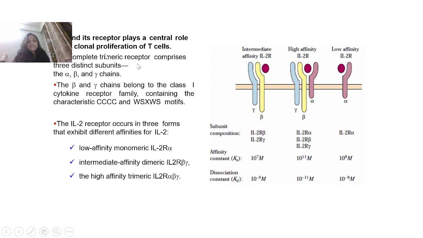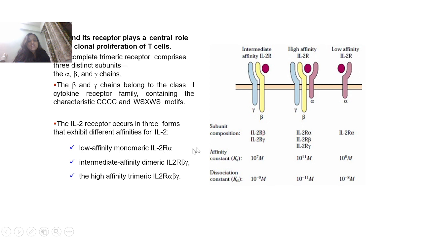And there are three types. This IL-2 receptor can be of three types, having three different affinities for IL-2. The first one is the low affinity monomeric IL-2 receptor, one is intermediate affinity, and another is high affinity.